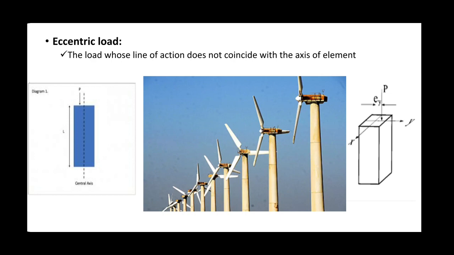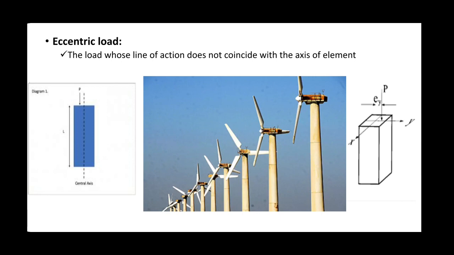In the third figure, from the top surface of the cube column, there is a vertically downward force. See the position of that force: it is exactly away from the center of the part, and it is denoted by E for eccentricity.